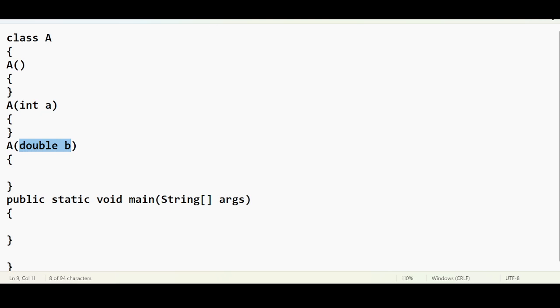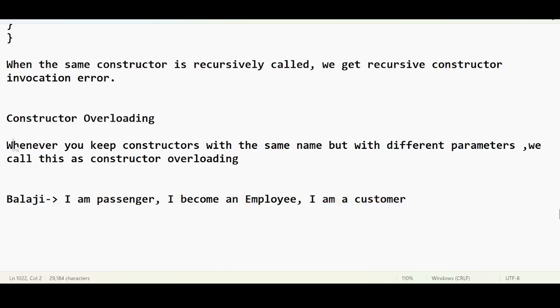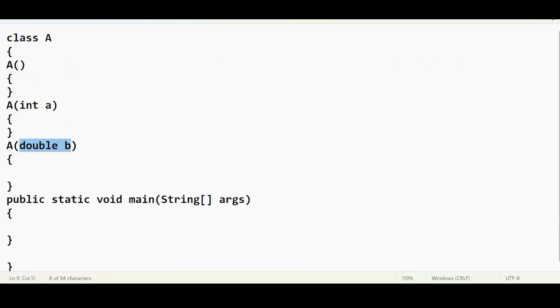The simple answer: whenever you keep constructors with the same name but with different parameters, we call this process constructor overloading. So now we know the definition of constructor overloading.